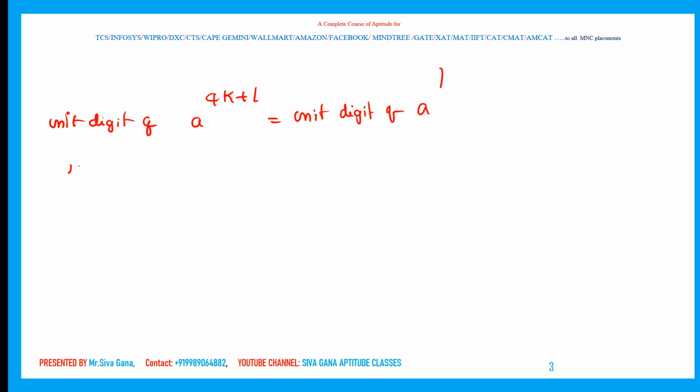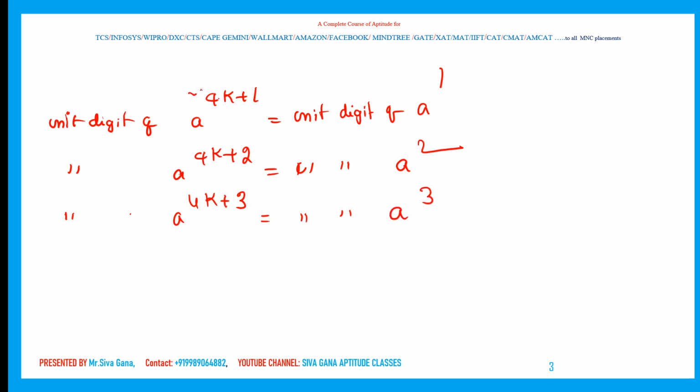In a similar way, the unit digit of a power 4k plus 2 is the same as the unit digit of a power 2. The unit digit of a power 4k plus 3 is the same as the unit digit of a power 3.